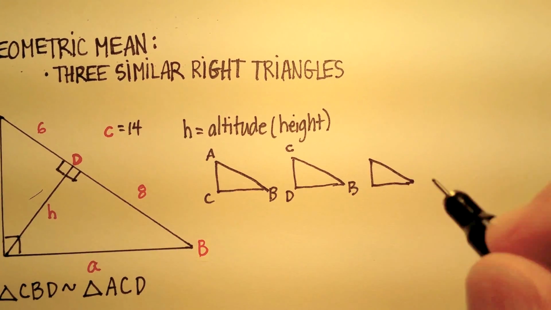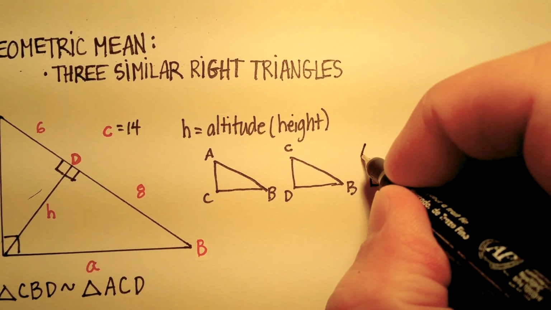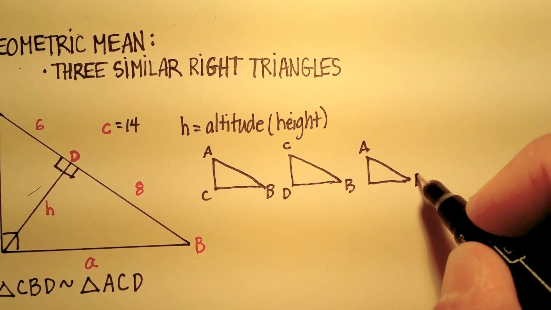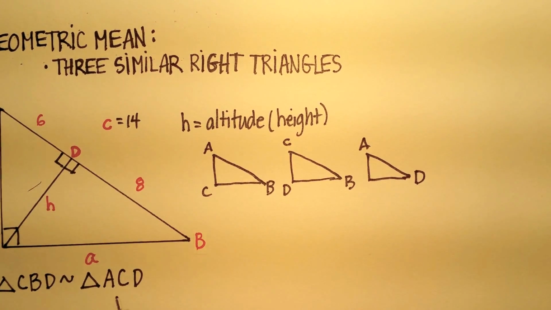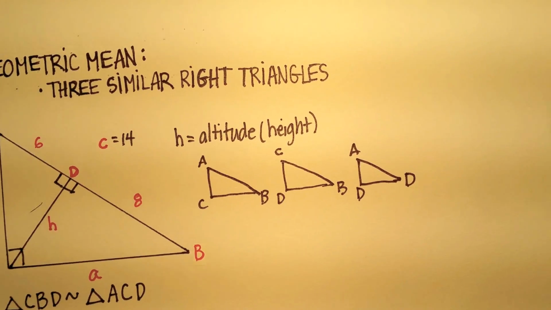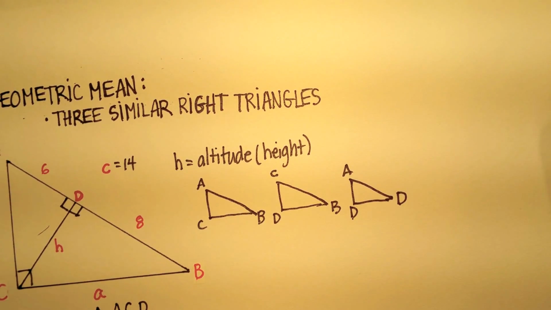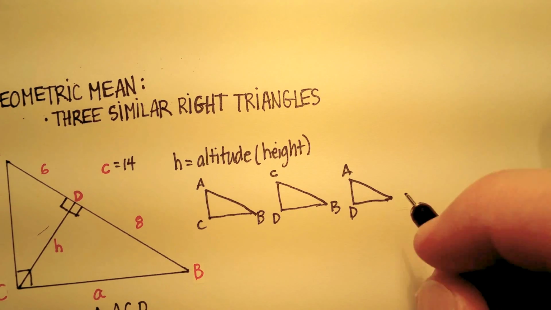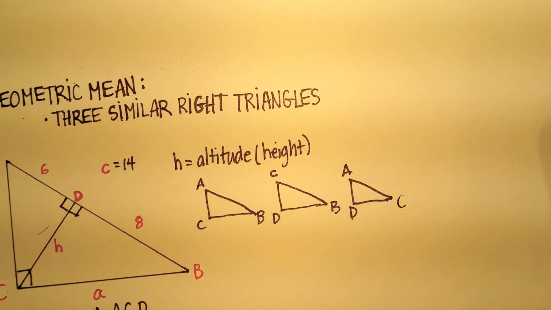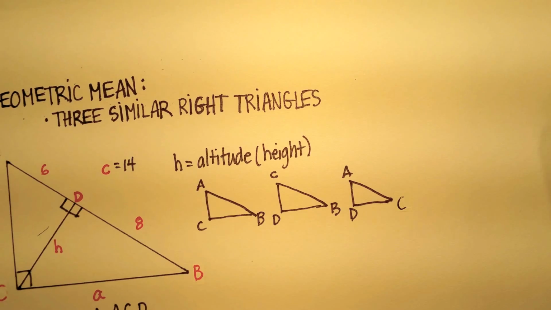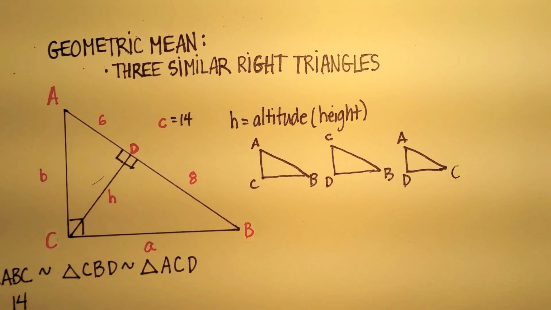This little triangle right here would be triangle A, C, D, excuse me. My bad. And let me just change that real quickly. Okay, so basically I just rewrote these three triangles over here. Sorry about that. Let me just change that.